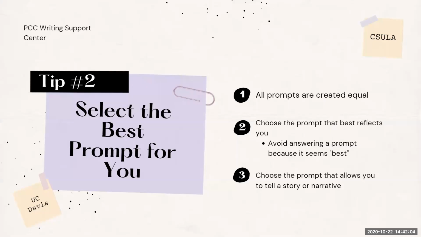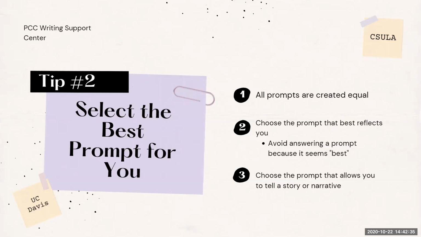So you want to be sure that you're choosing a prompt that best reflects you. Avoid answering a prompt because it seems like the best one. For example, some folks might want to answer a question about leadership experience because they want to show the admissions committee, like, I'm a leader, this is how I'm a leader. But if you're having a hard time thinking about how to describe yourself as a leader, maybe that isn't the best prompt for you to do.